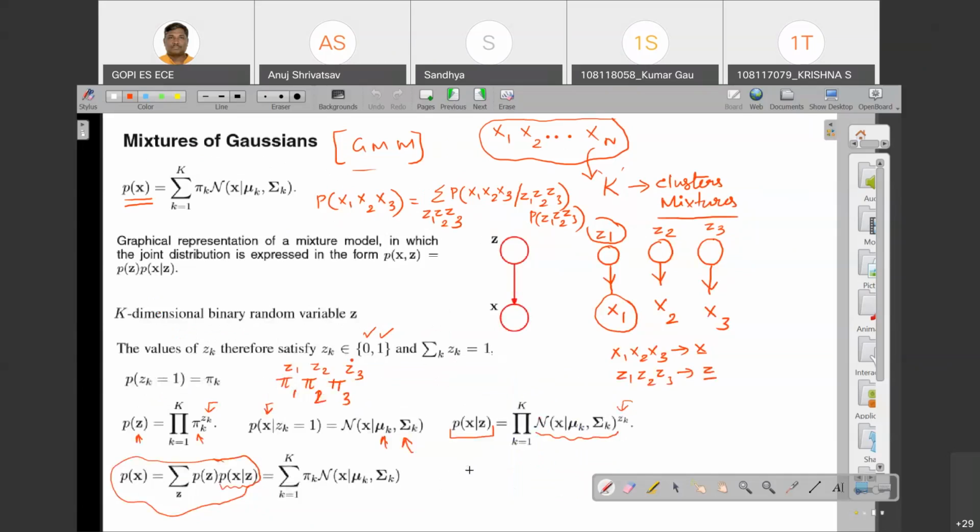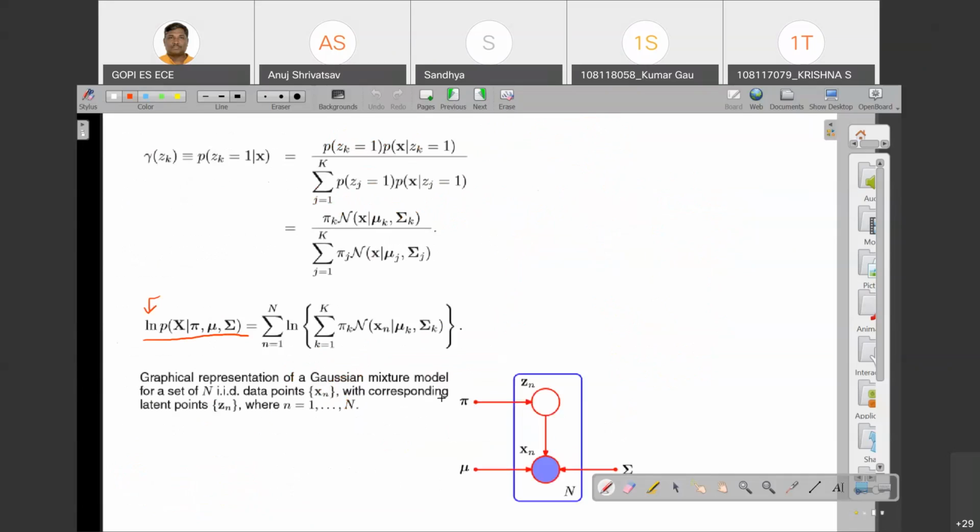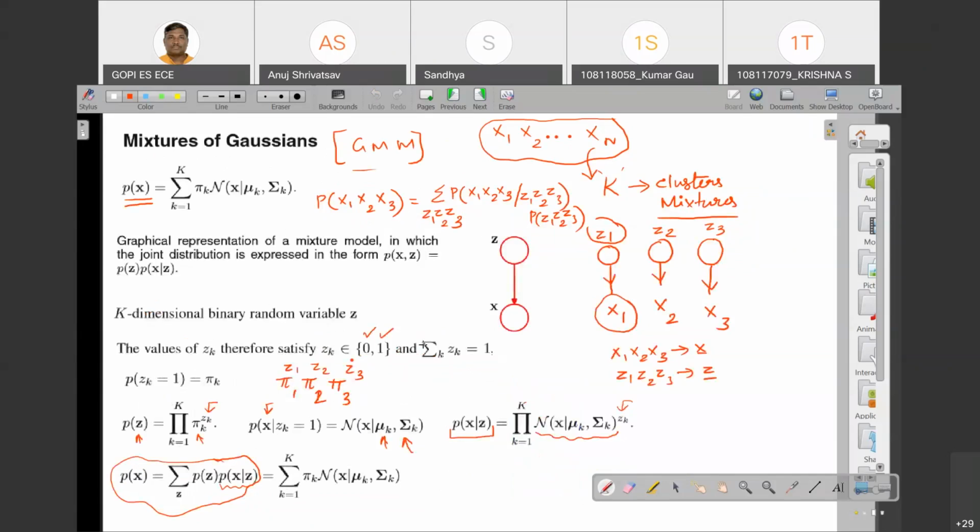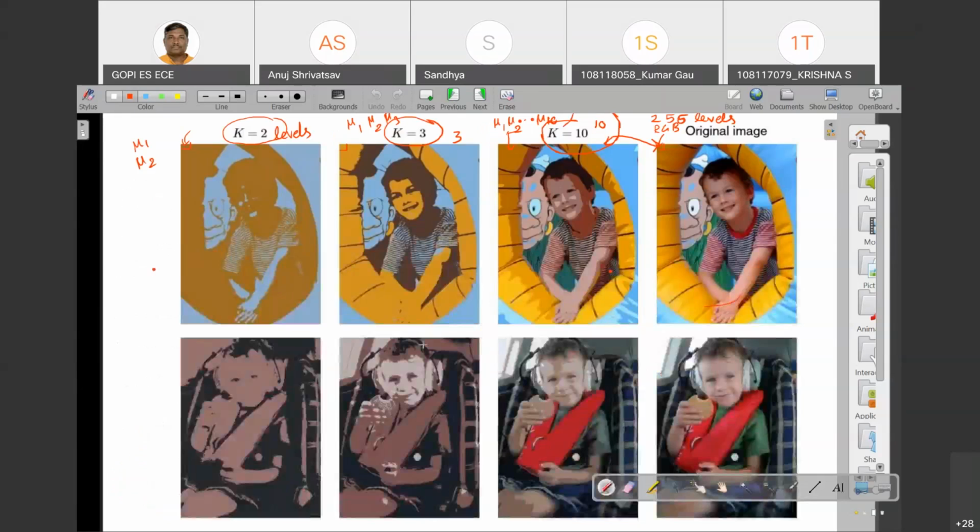The inner summation, sigma k equal to 1 to K, is coming as it is. The outer summation is there because of this logarithm; the product is actually becoming a summation here.